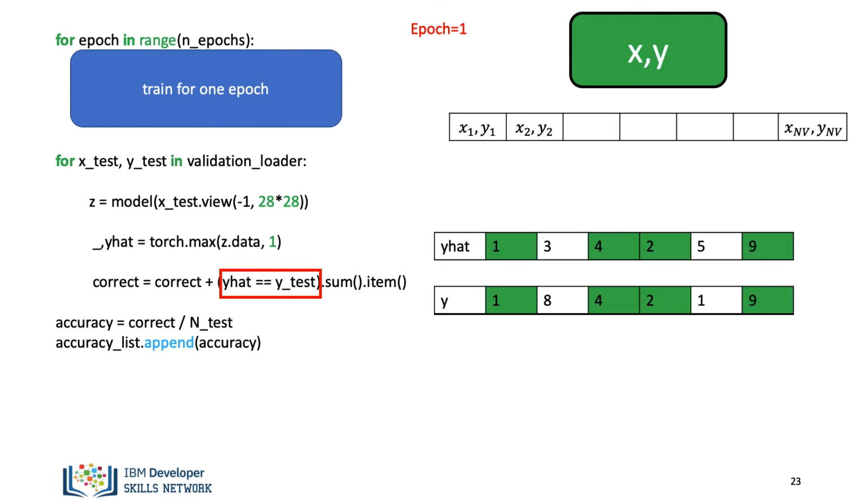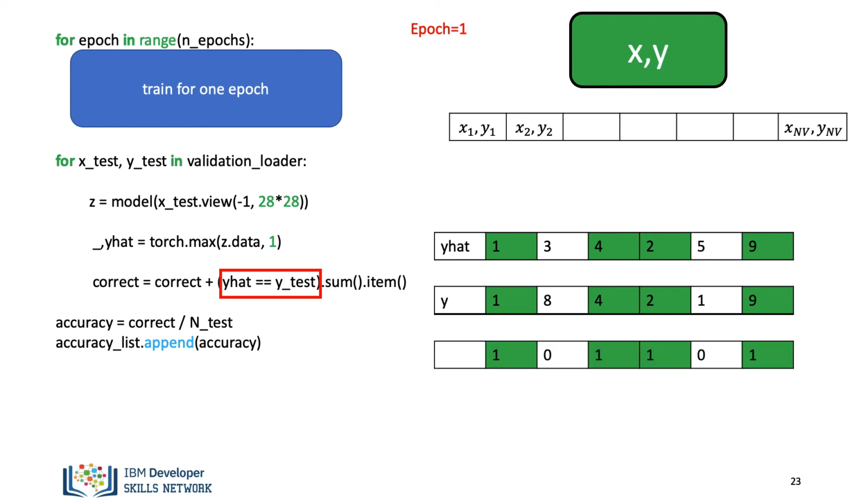What this line of code does is that it compares each element of y hat with the corresponding element of y test. We get a binary vector, which contains 1 at the index if there's a match at the corresponding elements of y hat and y test. Otherwise, it contains a 0 if there isn't a match. We sum all the values in this binary vector. For this toy example, the result will be a 4. We'll convert the result to accuracy and store it.